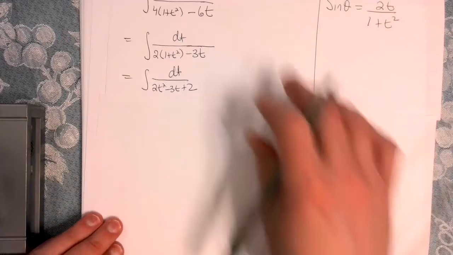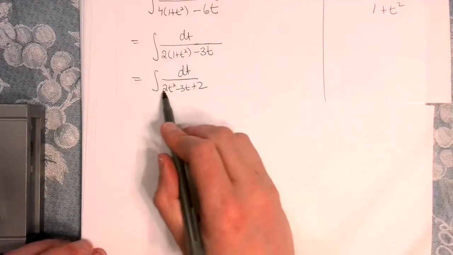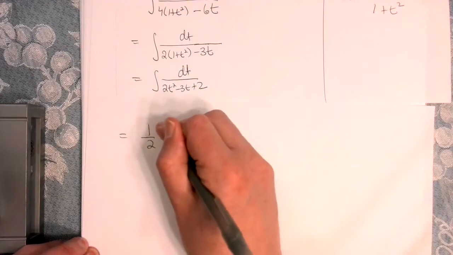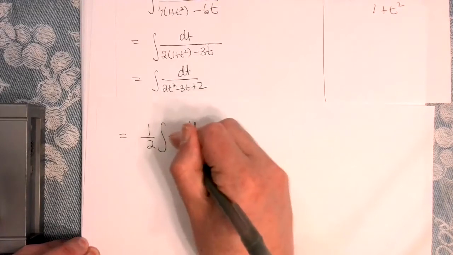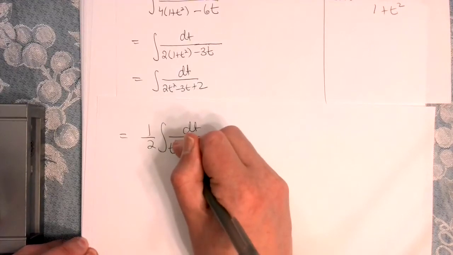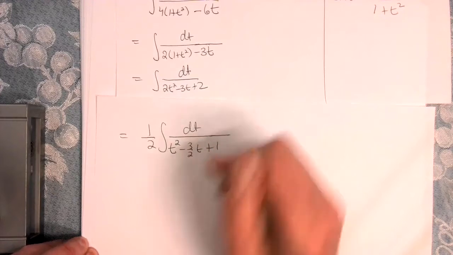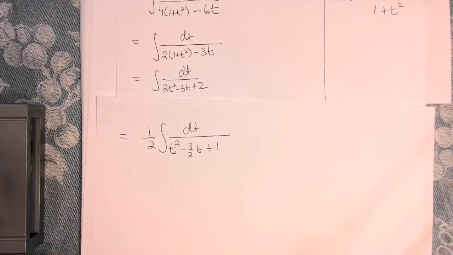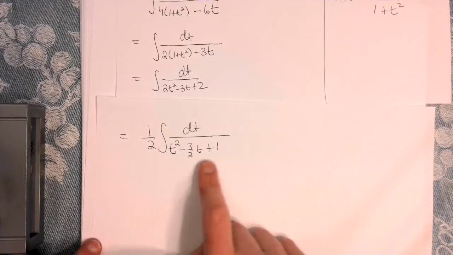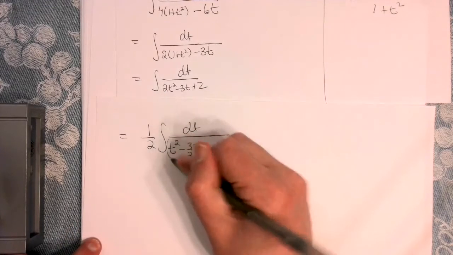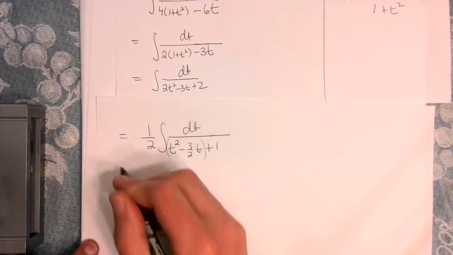And let's go ahead and maybe factor out the downstairs 2 in hopes of completing the square. Okay, so this seems pretty good. So I've factored a 2 out of all 3 terms. I want to complete the square, so let's group those together.